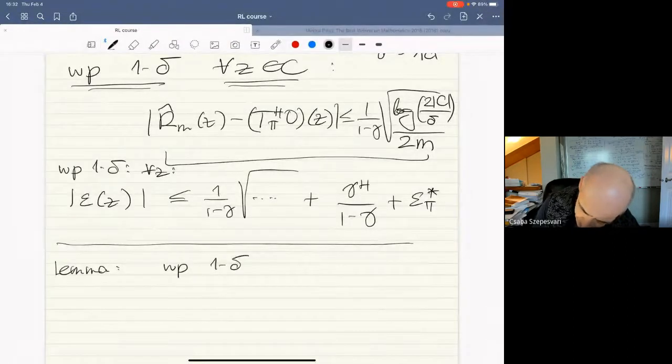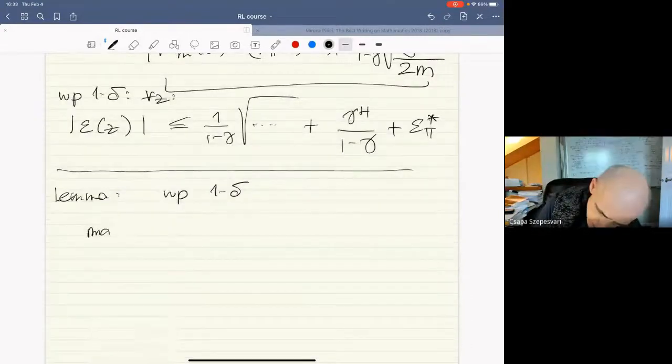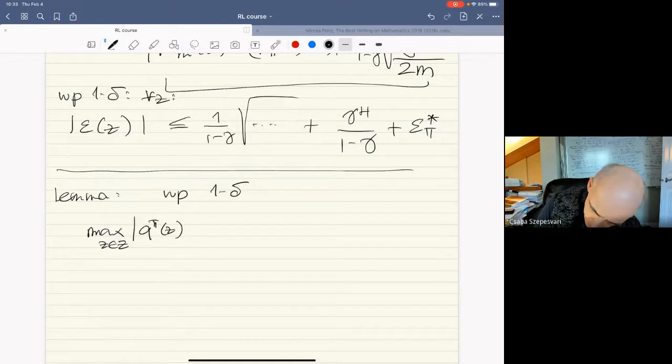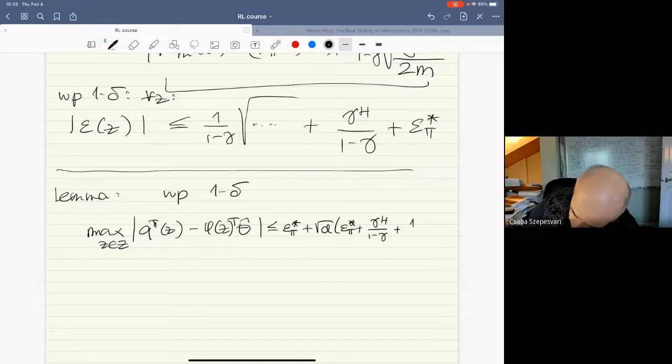With probability 1 minus delta, it holds that the maximum error that we're going to see if you apply our procedure to make these predictions is smaller than or equal to epsilon pi star plus square root d times epsilon pi star plus gamma to the power of h divided by 1 minus gamma, plus 1 over 1 minus gamma times the square root from here.